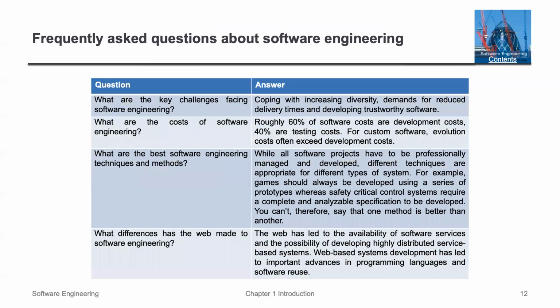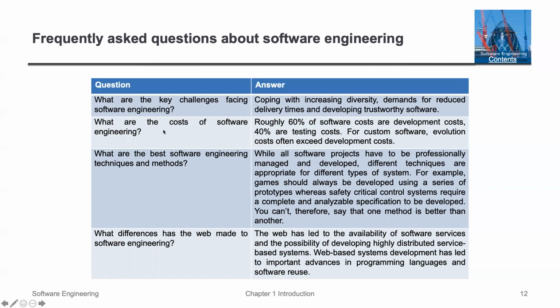More frequently asked questions. What are the key challenges facing software engineering? You have to cope with increased diversity, demands for reduced delivery times, and developing trustworthy software. So you want it done quickly, you want it deployed perfectly, and things like this can be very challenging.